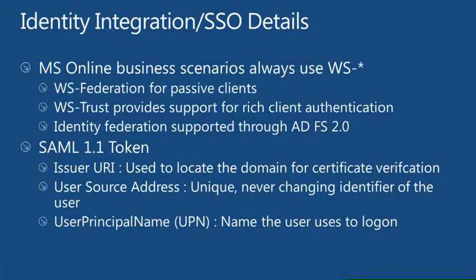There's a user source address. It's an immutable ID. It's a unique, never-changing identifier of the user. It's the one, when I said earlier, we create this shadow account in the authentication platform. That shadow account is actually looked up and mapped by the use of this unique identifier. And we also send the user principal name. Okay.